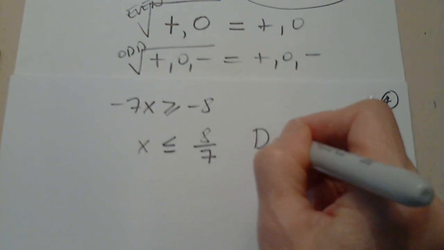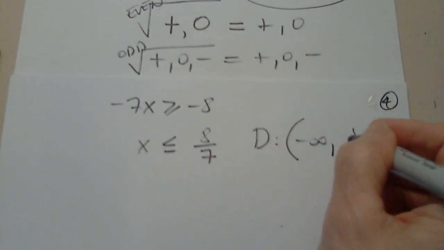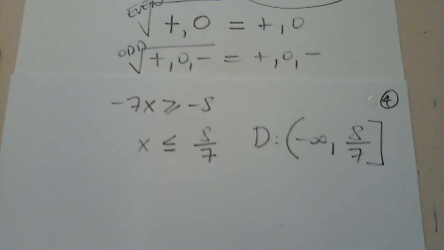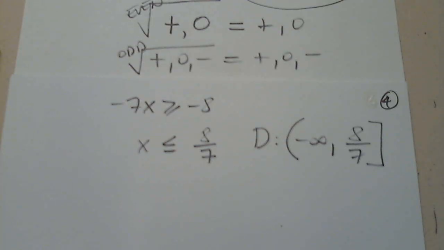In interval notation, we have from -infinity to 8/7. Now, it depends on how they want the answer. Let's read. The domain of this. Simplify. Type your answer in interval notation. So I will have to write a parenthesis and then a bracket.